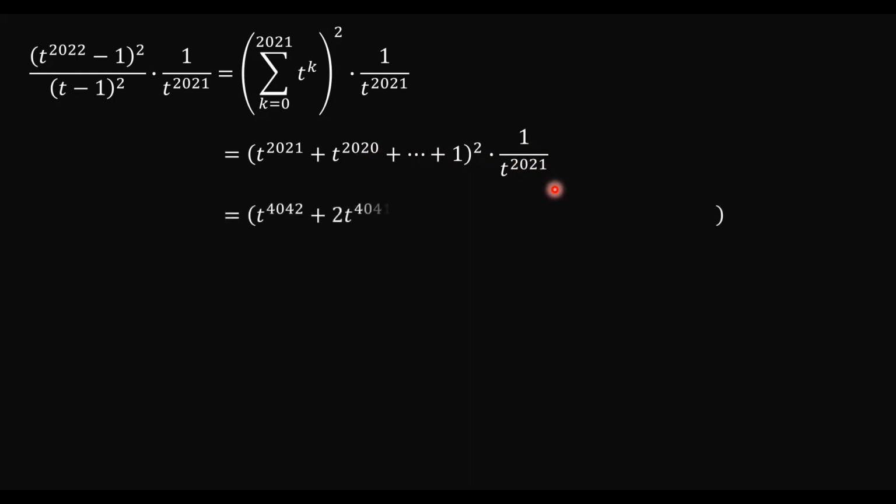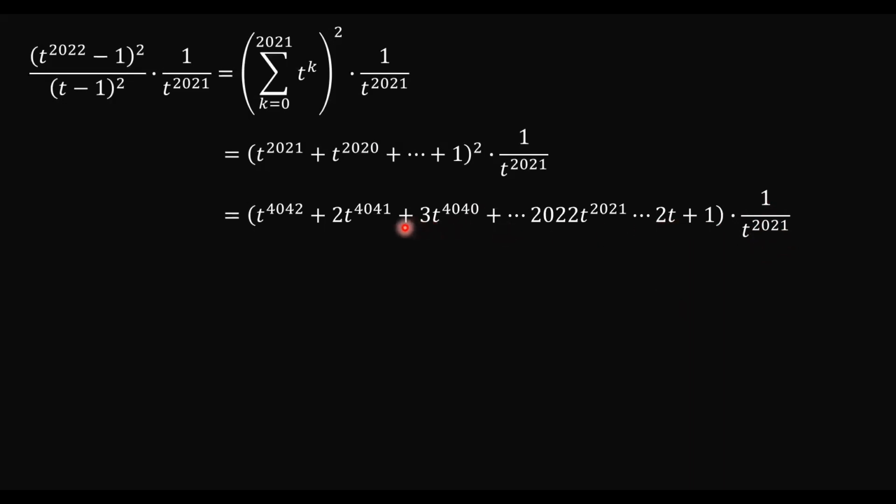So when you look at it, the squaring of this summation results into t to the power 4042 plus 2 times t to the power 4041 plus 3 times t to the power 4040. And it goes on and on up to 2t plus 1, over t to the power 2021.